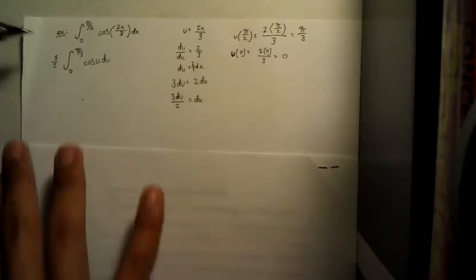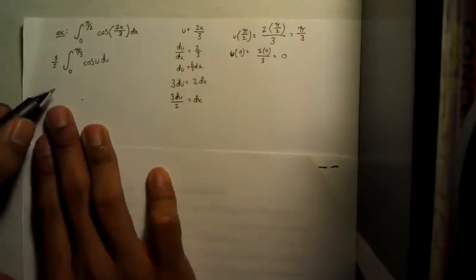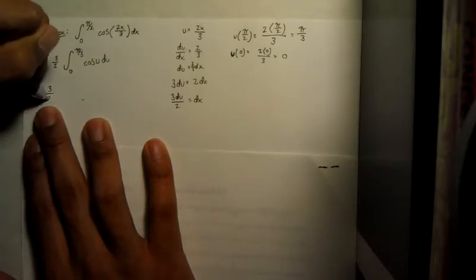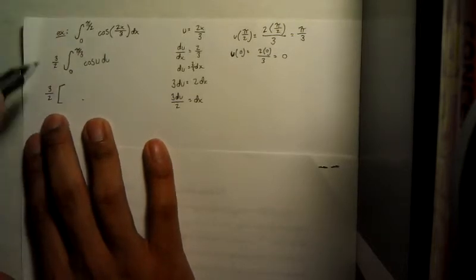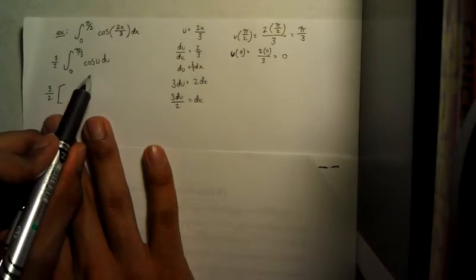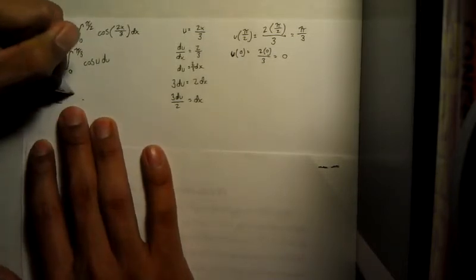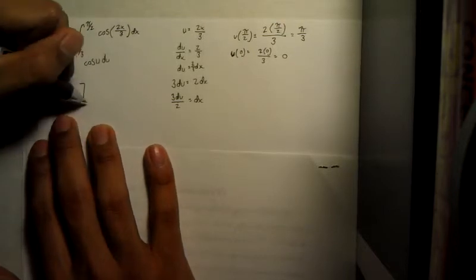And now we are just going to do our basic integration once again. 3/2, the integral of cosine u du is sine of u.